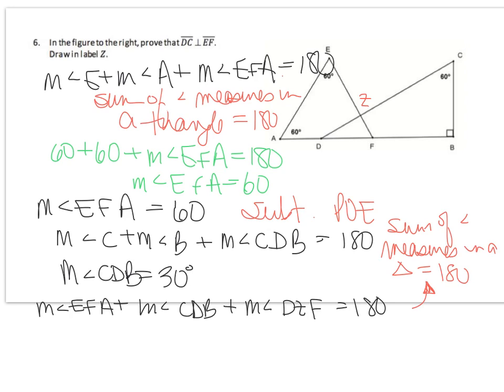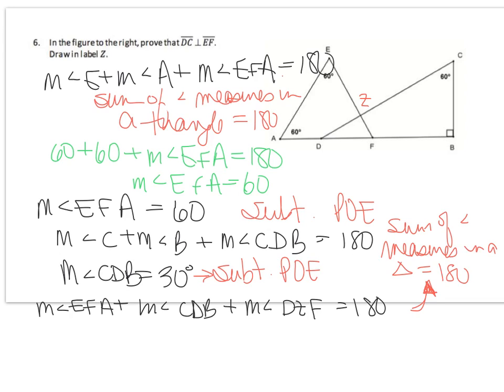Now I can substitute. I forgot to write my reasoning here. Hold on. Right here. Subtraction property of equality. Sorry about that. That's for that step right there. Okay. So that's that reason. We're here. Okay, next step.